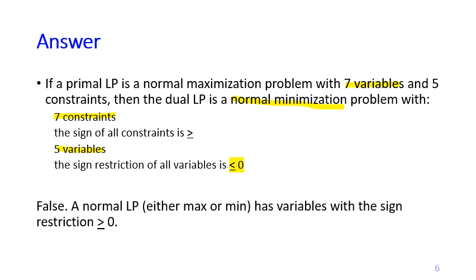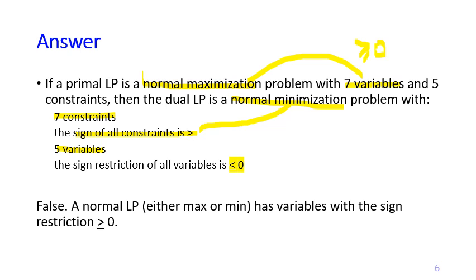The sign of all constraints is greater than or equal to. Well, because the primal is a normal maximization, we know that all variables are normal. In the maximization case, that is greater than or equals to 0. So in the minimization dual, the sign of the constraints are all also normal, greater than or equal to.